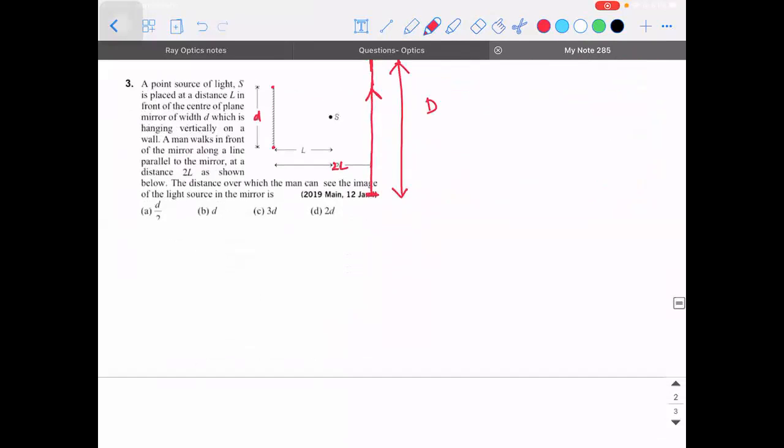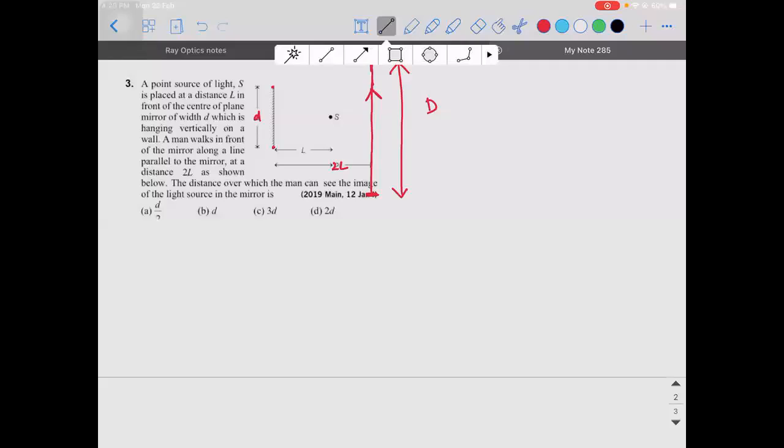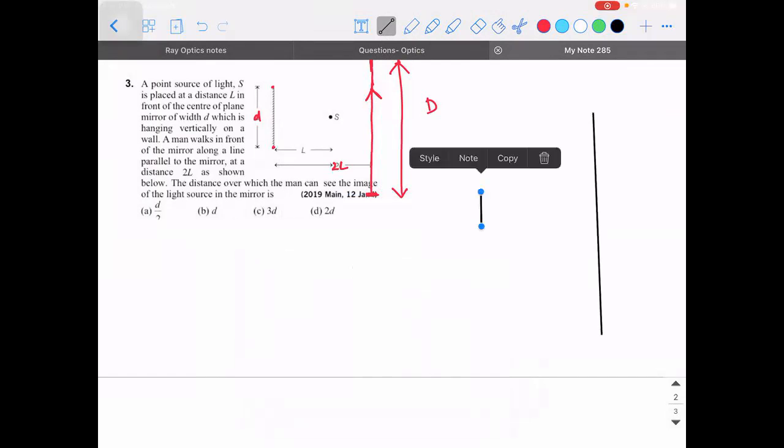Let's try to redraw the diagram. Mirror, man walking. There is no formula that you can use actually. You need to use logic.